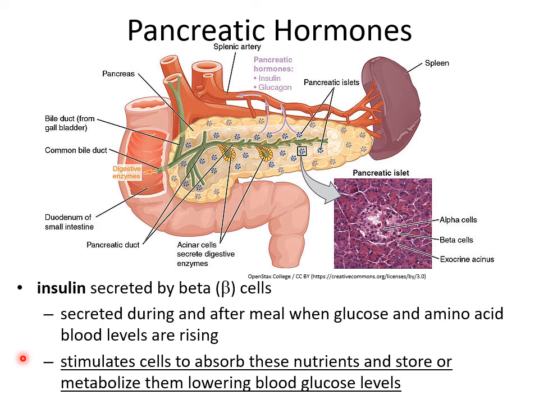When you eat a meal and say you consume some bread or starch, pasta, rice, that glucose will enter the bloodstream and your blood sugar levels will increase. The pancreas will detect this and will secrete insulin, which signals to all the cells of the body that there's extra glucose around. Why don't you take that up so it can be used later on?